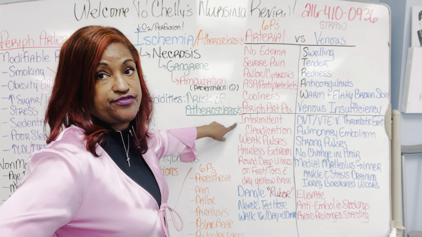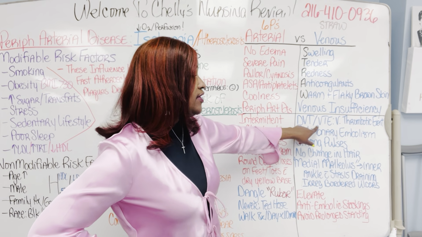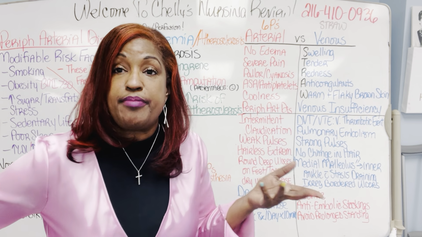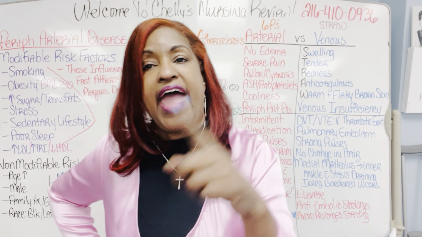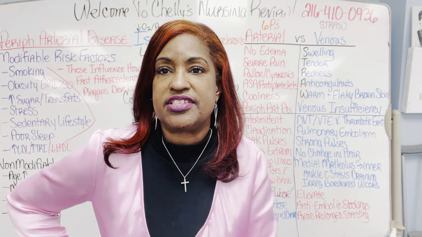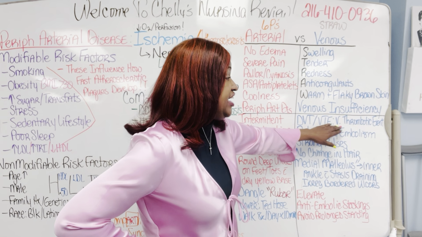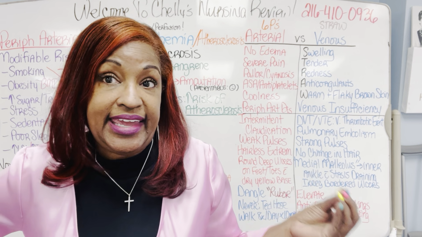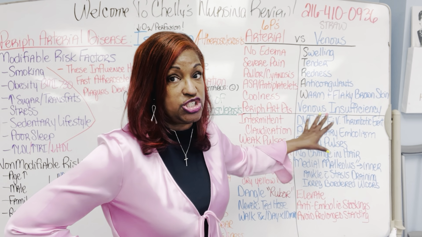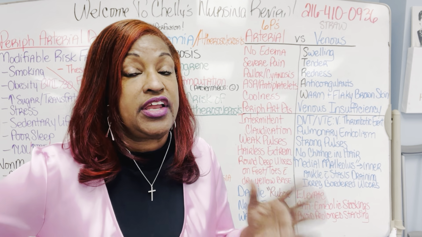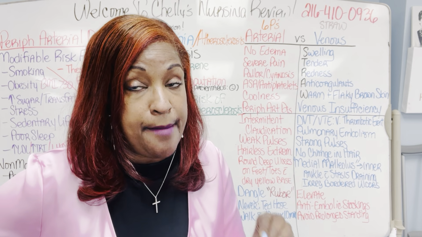Intermittent claudication for arterial. On the venous side, just remember the V better be in the word. Deep vein thrombosis, venous thrombotic event. That's what the venous issue is. And remember, the last one is pulmonary embolism.